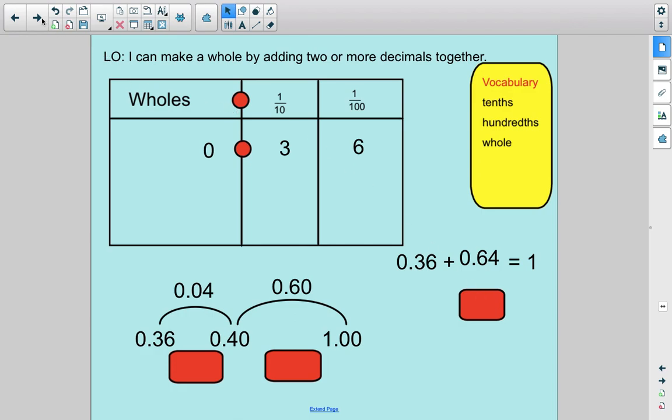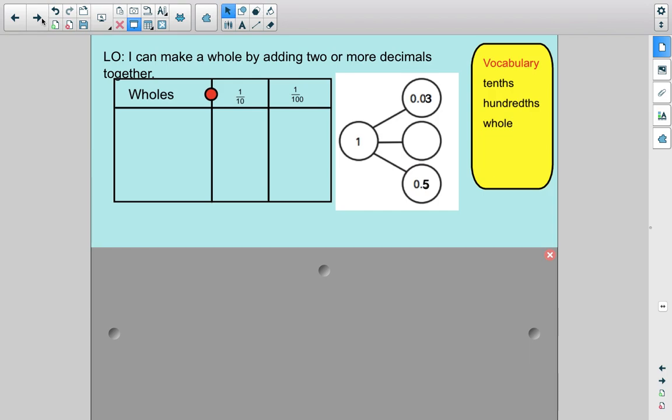If we're trying to find more than 2 decimals that add together to make a whole, then we've got to add the 2 that we've got first.